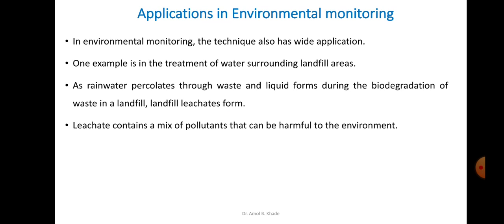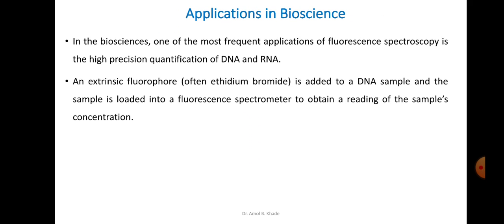So the rainwater is percolating through these solid waste, and then those wastes will leach into the rainwater. So we can find out the amount of these impurities in the form of leachates present in the rainwater, which is harmful to the environment. So we can use fluorescence spectroscopy, we can take that water as a sample and we can quantify those leachates which are usually fluorescent in nature, okay. So this is one of the applications in the environmental monitoring.